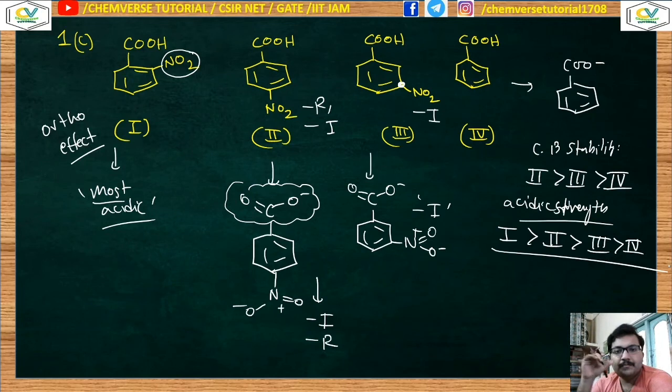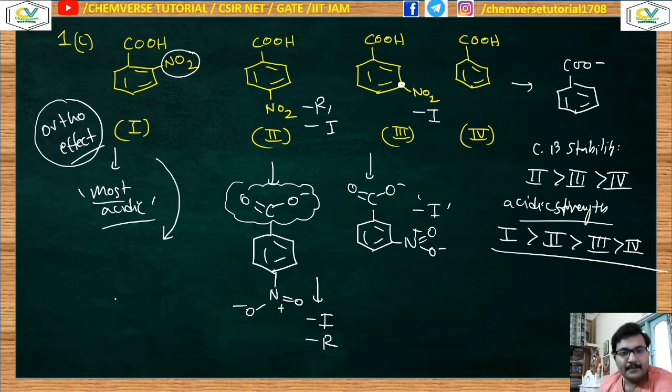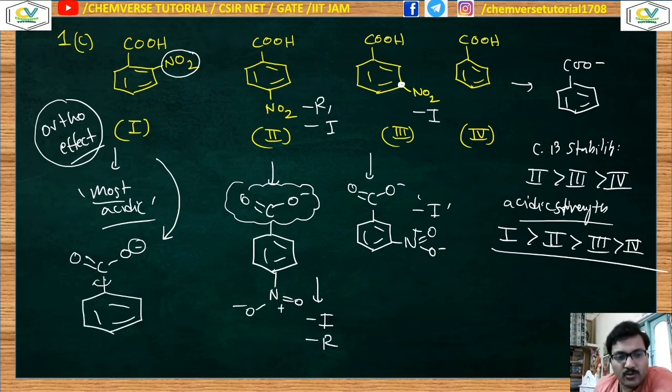This is the order. Now apart from the ortho effect, one more thing is happening. You can say over here what the structure of the conjugate base will be. It is rotated, so there is a steric inhibition of resonance.